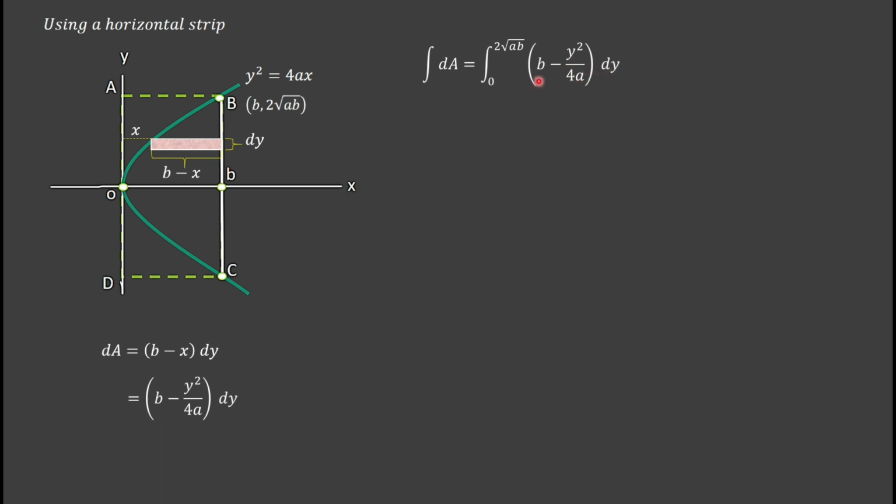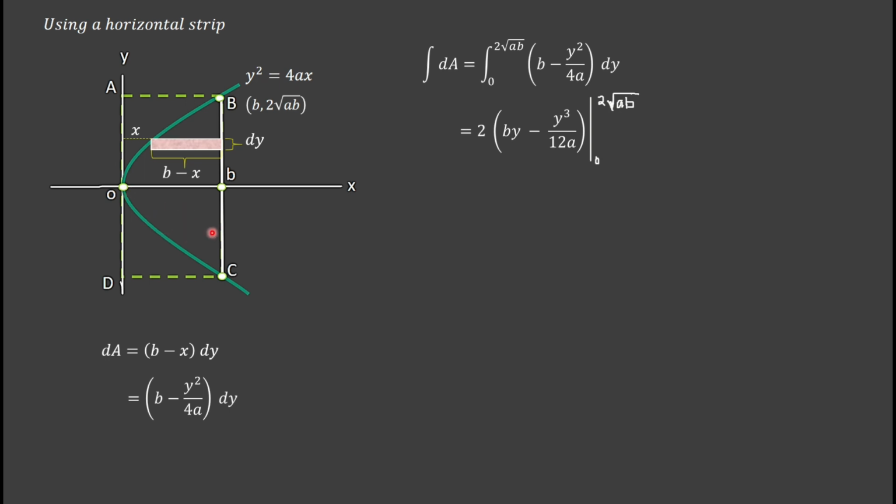Take note, the limit is from 0 to 2 square root of ev. Since this is symmetric, we can multiply by 2 here.